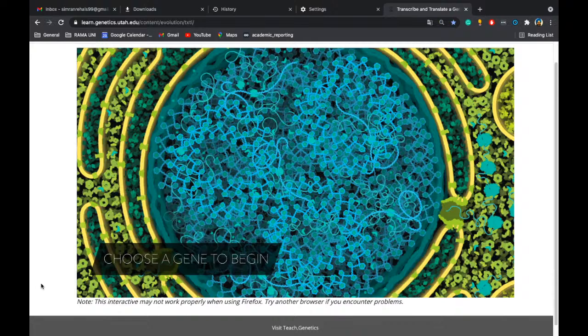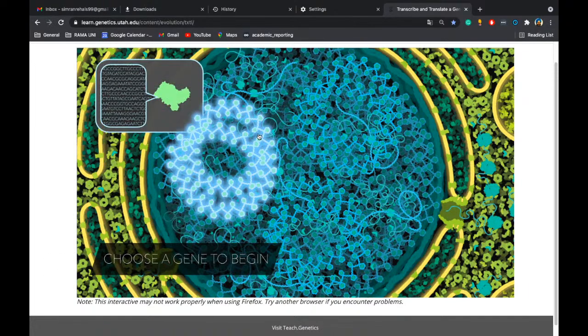So we have discussed now the central dogma, how from DNA to mRNA to protein things are being produced. So let's start. So I have to choose one gene.